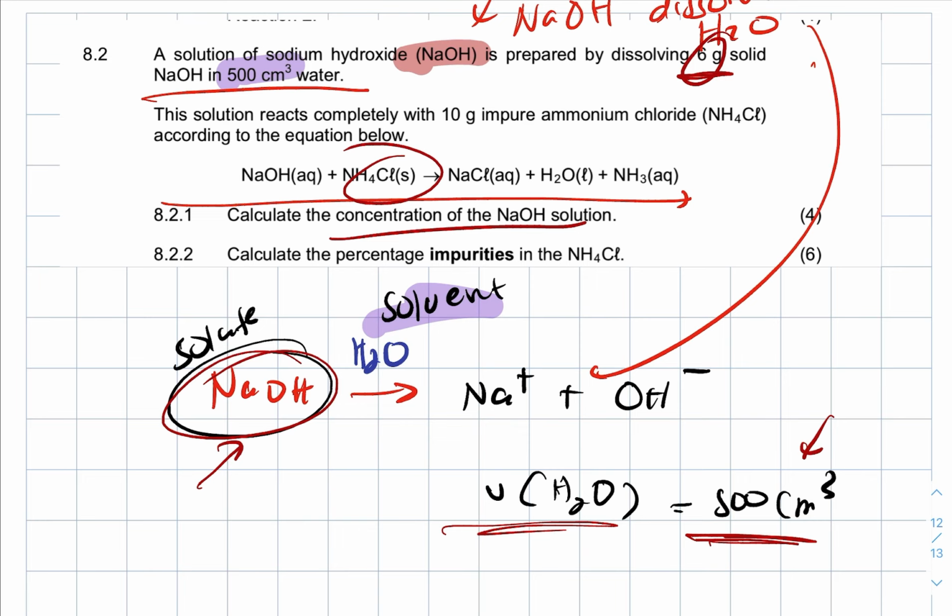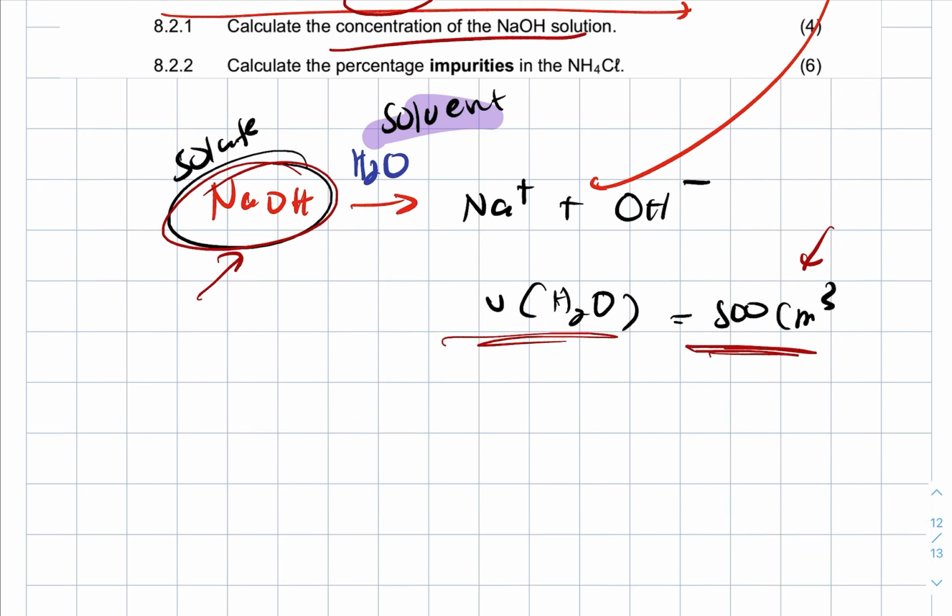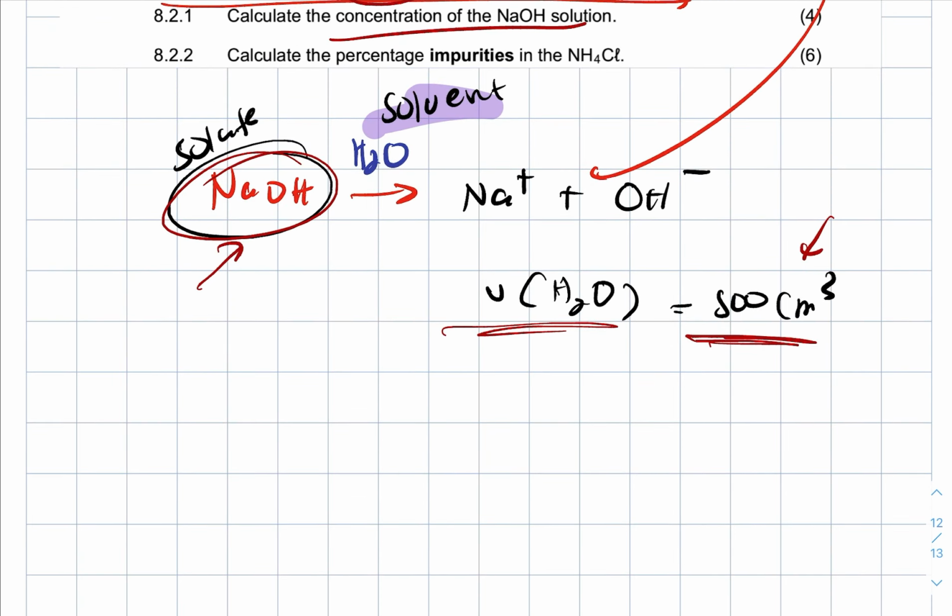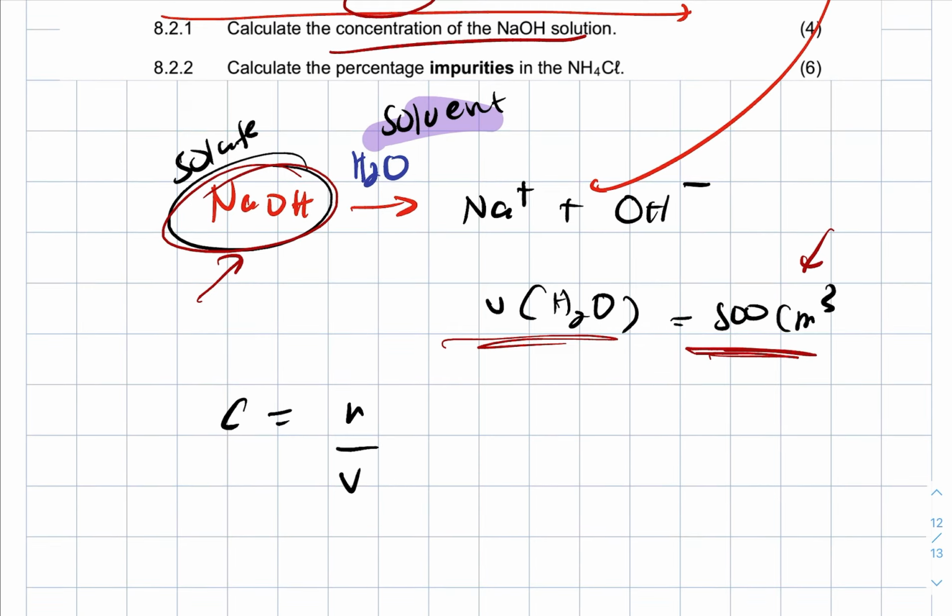So if they're looking for the concentration of sodium hydroxide solution, we need the number of moles. For the concentration, we need the number of moles, and we're going to divide that by the volume, right? Remember, concentration is the amount of a solute in the volume of the solvent.